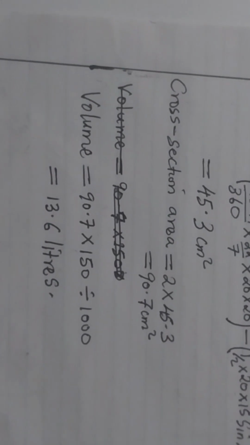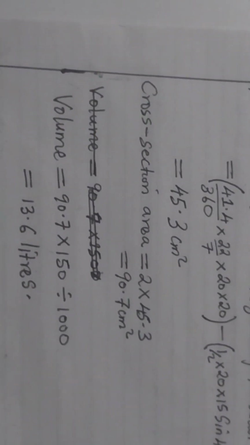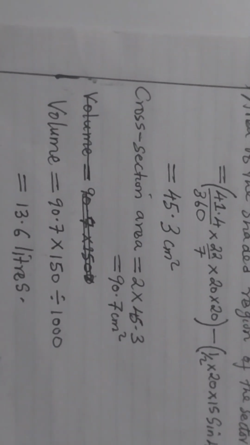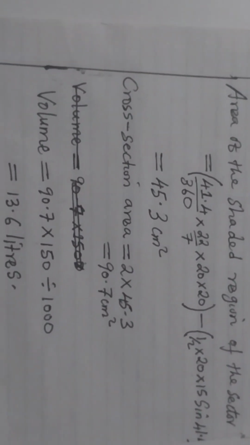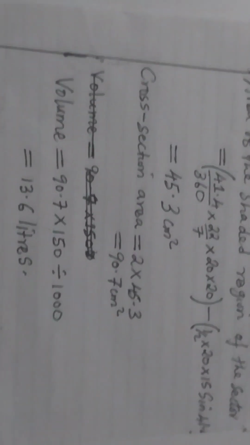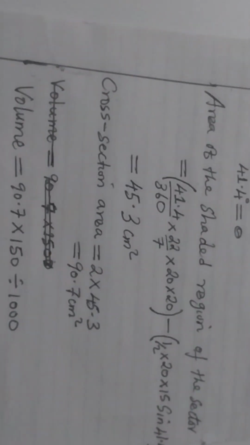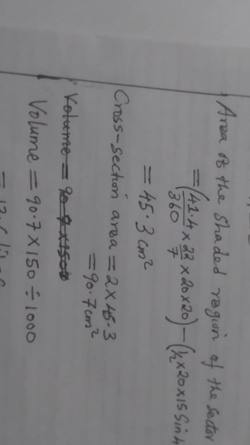So in getting the volume, remember we simply multiply cross-section area times length, and the length was 150. So we multiply 150 by the cross-section area, which is 90.7. And then that one will give us cubic centimeters.